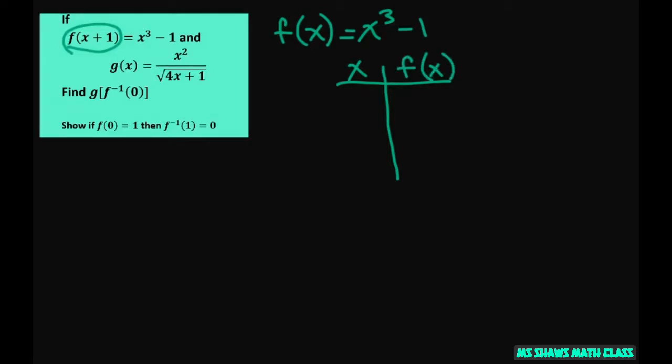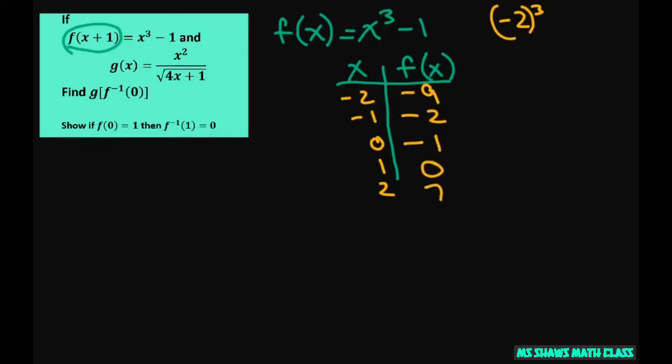When I do that, I'm going to plug in -2, -1, 0, 1, and 2. All right, so when I plug in -2, -2 cubed is -8, so this is -9. -1 cubed is -1, this will be -2. 0 is going to give me -1. 1 gives me 0. And 2 is going to get me 7.